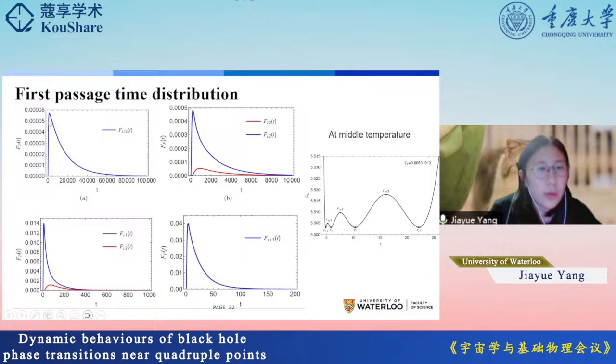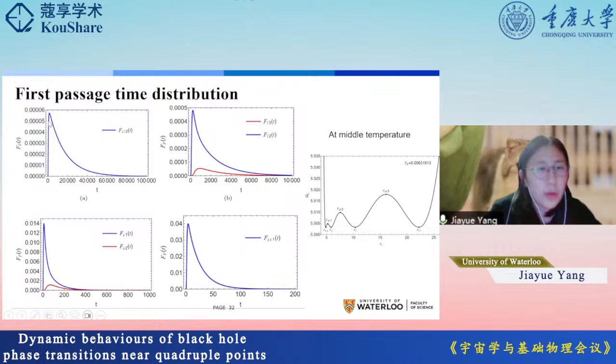So this means that it is easier to finish the first passage event for the smallest black hole, and for the initial largest black hole, it will need more time to cross this maximum.